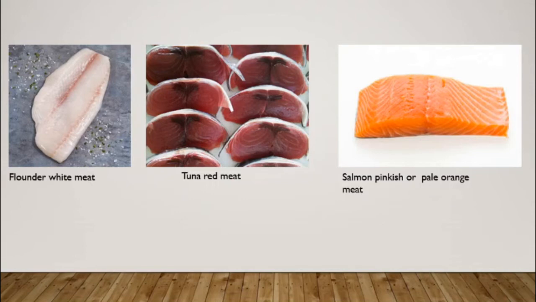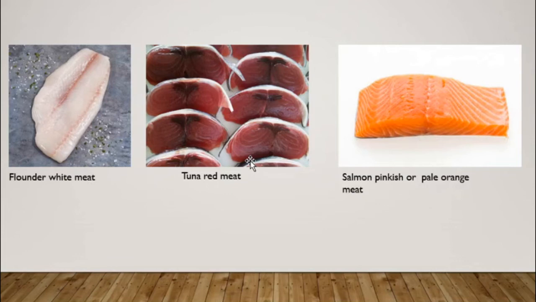So we have the flounder. The meat is white because the flounder's lifestyle is mostly staying on the substrate, or the bottom of the sea, where it waits only for prey. So it doesn't swim all around.